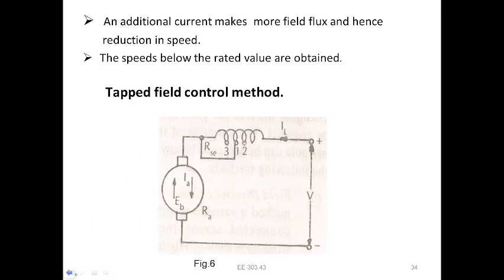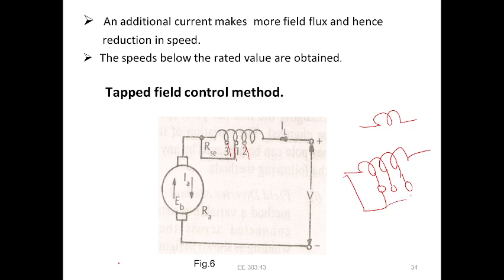So by varying this field rheostat through tapping, we are increasing or decreasing the speed.